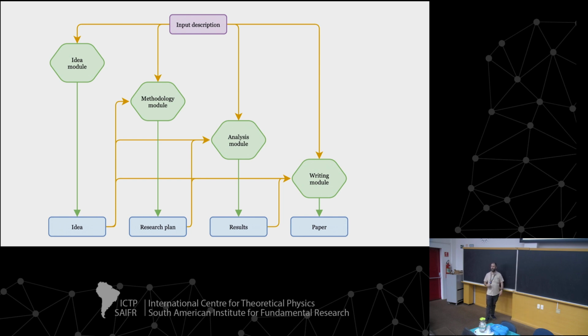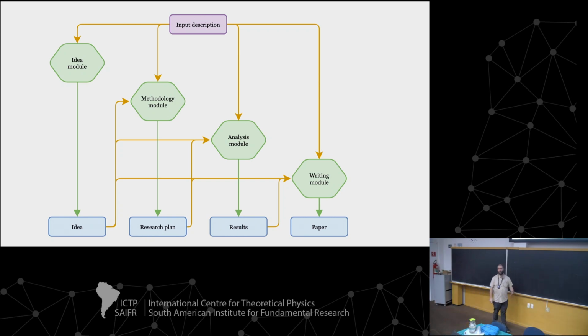For each of these steps, it writes code, executes code, and makes plots. At the end of the day, it gives you a set of plots and a description of the analysis it has done.